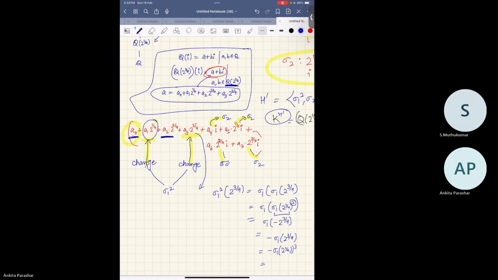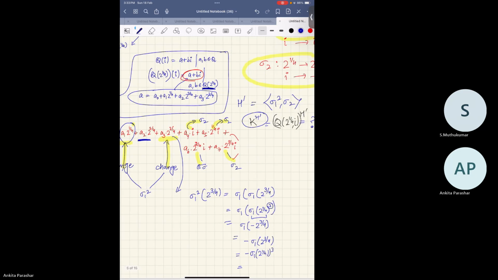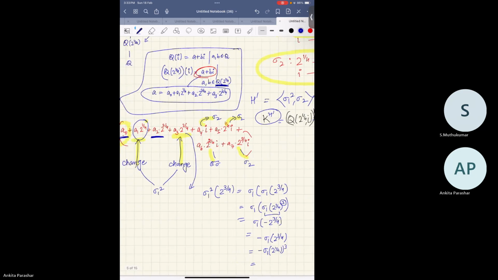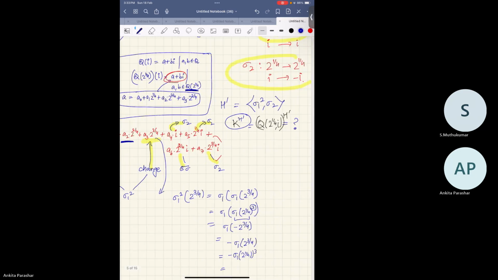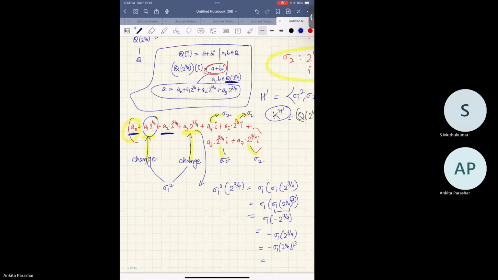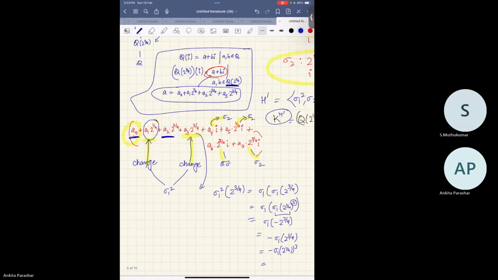Can you see that? This is minus 2 power 3/4, right?